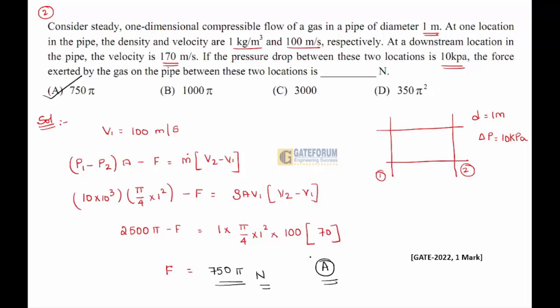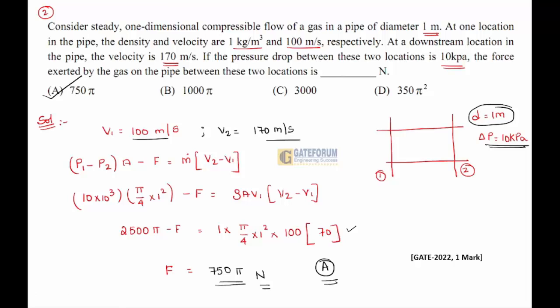Hope you people have understood this. Area is pi by 4 d square, d is 1 meter, P1 minus P2 is the change in pressure, 10 kilopascal, and velocity V1 is 100 meter per second, V2 is 170 meter per second. So obviously I have taken it directly, 170 minus 100 as 70. So option A will be the right answer for the given question.